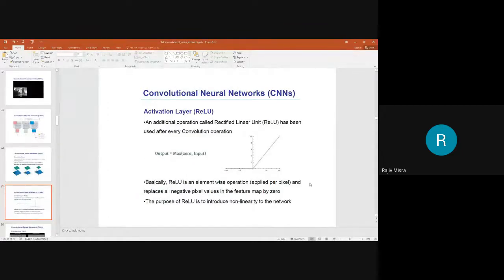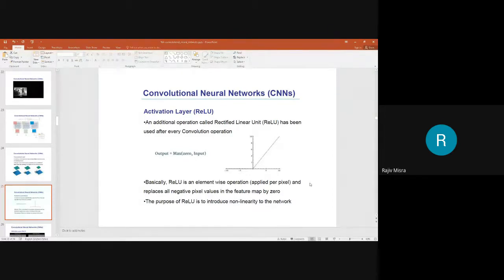And now the next layer involves an operation called the activation layer. Rectified linear unit, ReLU, is an additional operation which is used after every convolution operation.